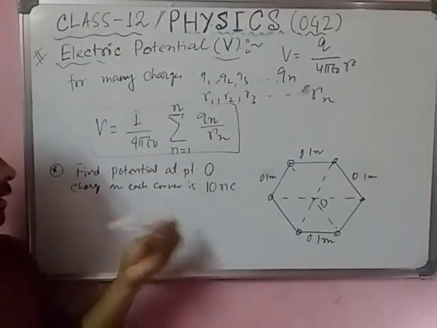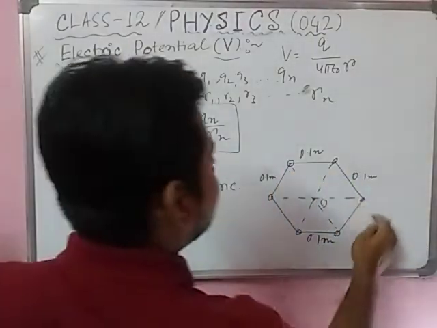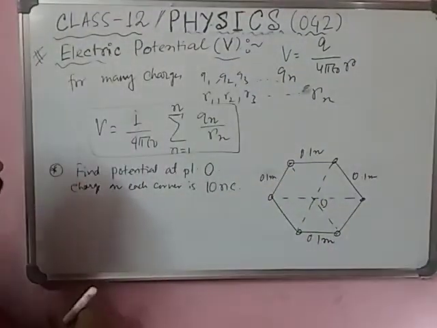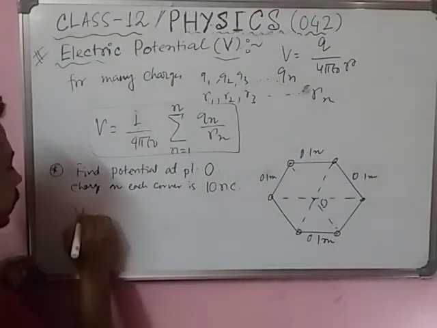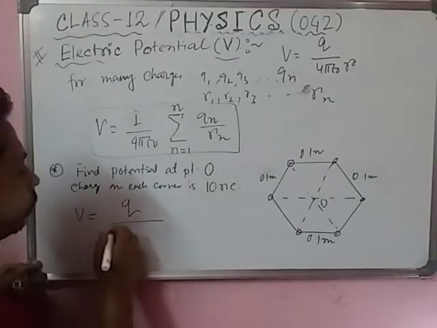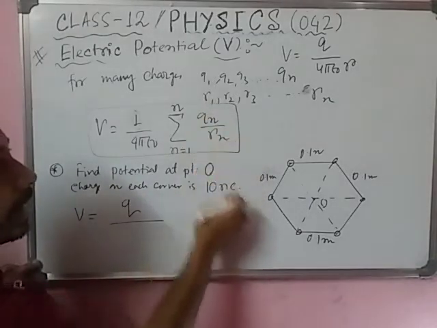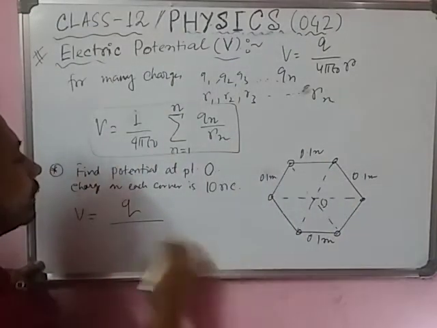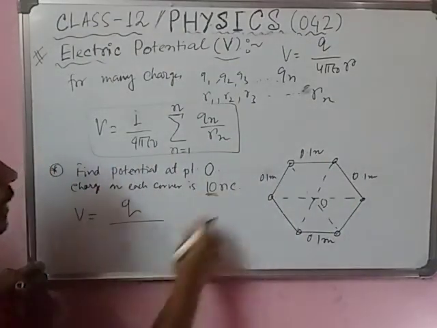Done. See, it's very easy. There are 6 charges: 1, 2, 3, 4, 5, 6, one in each of the 6 corners. So you can write potential V equal to the sum of Qn by Rn. Total 6 charges, and all charges are equal to 10 nanocoulomb.